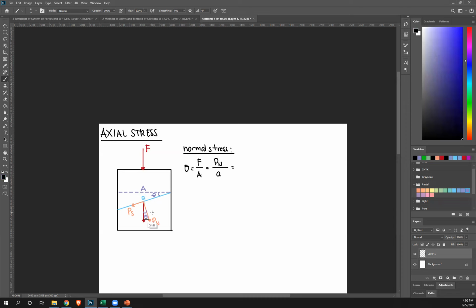Now, recall for components. Components are just the legs of a right triangle, your force being the hypotenuse. So if I draw that, we get something like this.